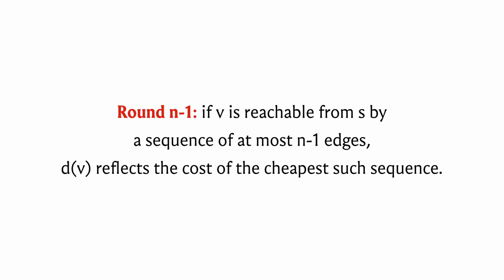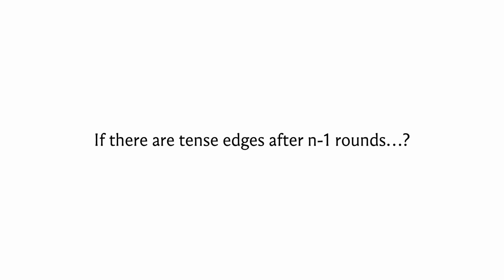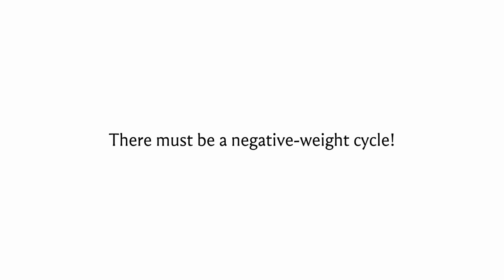Now, if you turn this around on its head, what this means is that if you still have a tense edge that's left after all of the n-1 rounds are done, then that implies that there must be a negative weight cycle. So that's essentially how Bellman-Ford works, to detect negative weight cycles when they exist and to compute shortest paths correctly when they're not present.